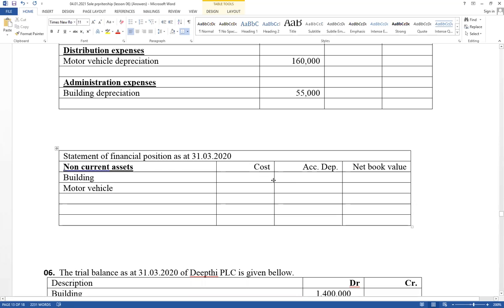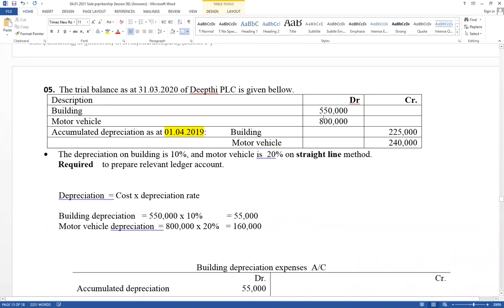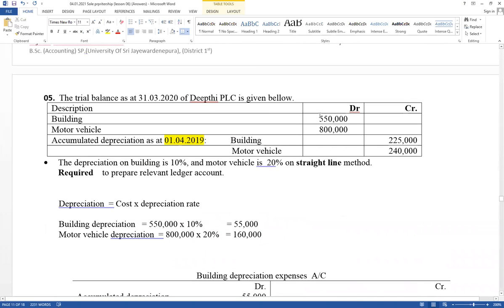Right, the cost value is given; cost value is available in the trial balance. Think about this now. The motor vehicle cost value equals 550,000. The cost value is not changed. Therefore, this value should be included under cost. But as accumulated depreciation, this value cannot be included.